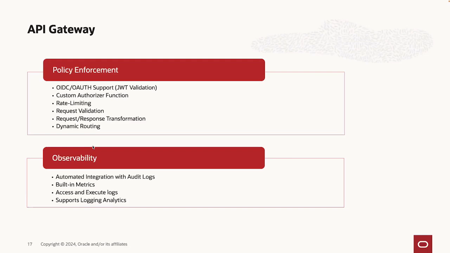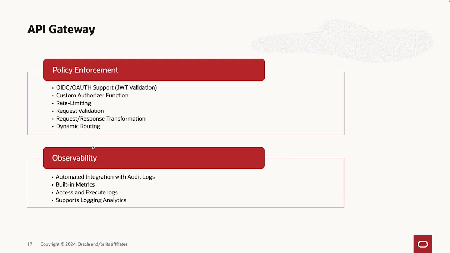Access logs will basically tell you that someone tried to access API /home, and execution logs will show you, when the /home API was hit, what API gateway did. And you can take those logs and integrate them with Logging Analytics to show you a nice dashboard of all the requests hitting your API gateway instance, and look at different parameters.